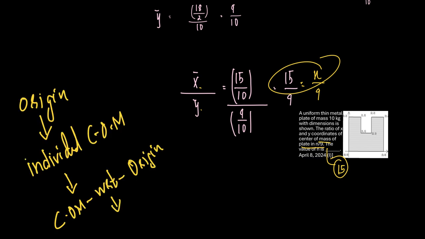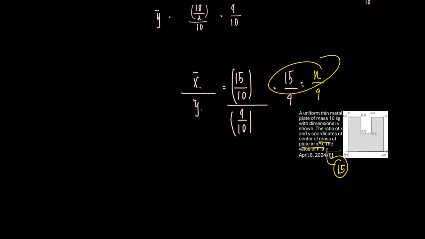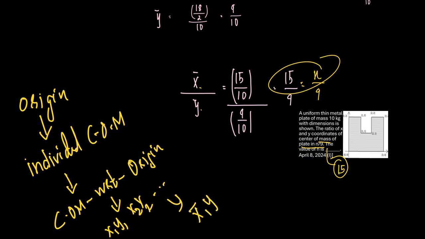With respect to the origin, you then have x1, y1, x2, y2, xn, yn, and then you can apply the formula for x bar, y bar, which will be equal to m1 x1 plus m2 x2, etc., divided by m1 plus m2.